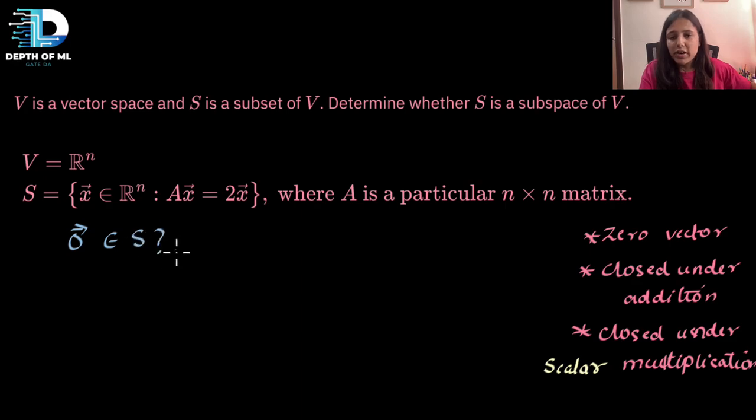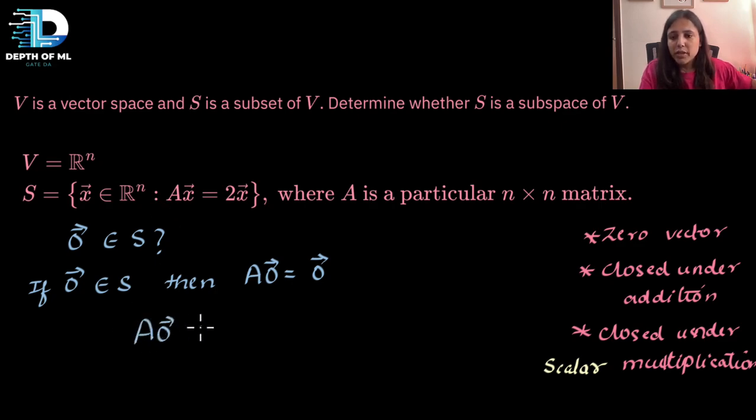So this is the question that we have to solve. So how do we determine that? If the zero vector belongs to S, then A0 should be equal to 0. Okay. So if this is the case, then we'll say that the zero vector actually belongs to this set. Now let's take A0. We know that if we multiply any matrix with the zero vector, it gives us 0, right? But the other way to do this is to look at the equation that has been given to us.